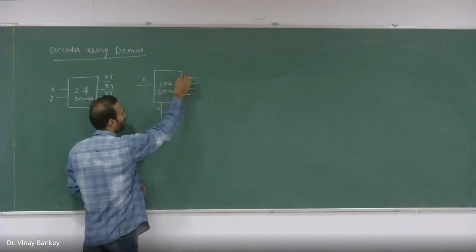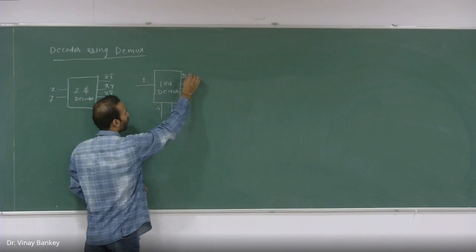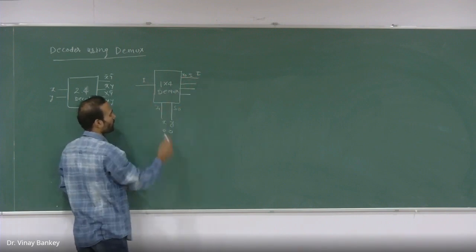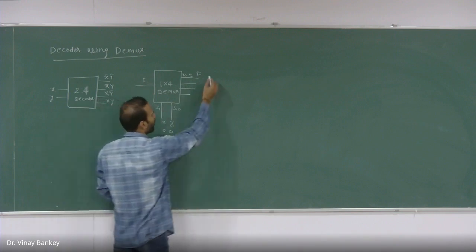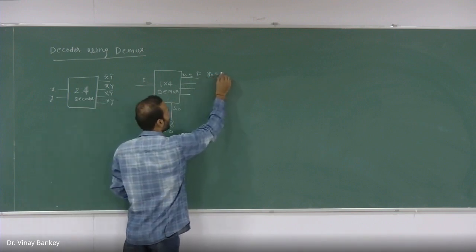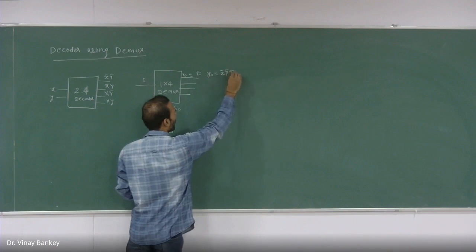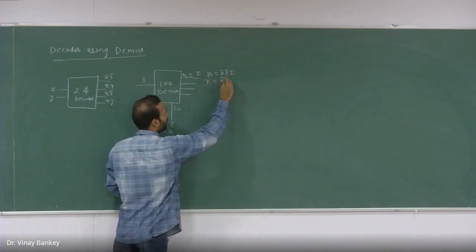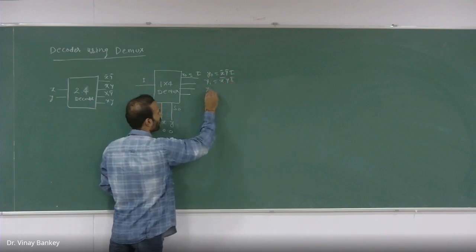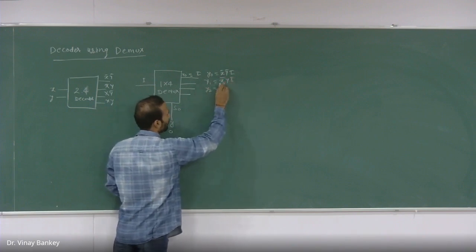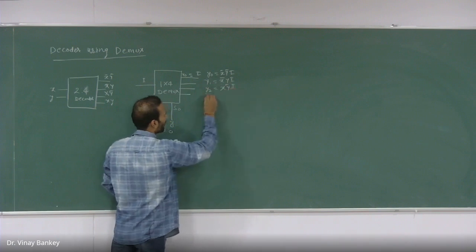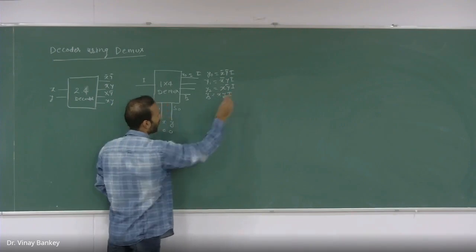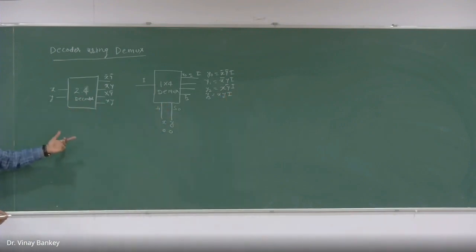Then for this y0 output, you will have I. So how do you write a Boolean function for this y0? I can write it like this: x bar, y bar, and I. For y1, x bar y I, y2, x y bar I, and for y3, x and y and I. Okay, it is clear.